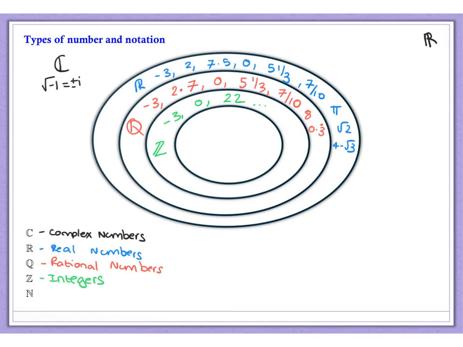And within the integers, we then have another set of numbers, which is referred to as the set of natural numbers, sometimes also called the counting numbers, and they refer specifically to the positive integers 1, 2, 3, etc., so excluding the number 0. The positive integers can also be referred to as a Z with a little plus sign next to it, or a negative sign if you wanted the negative integers.